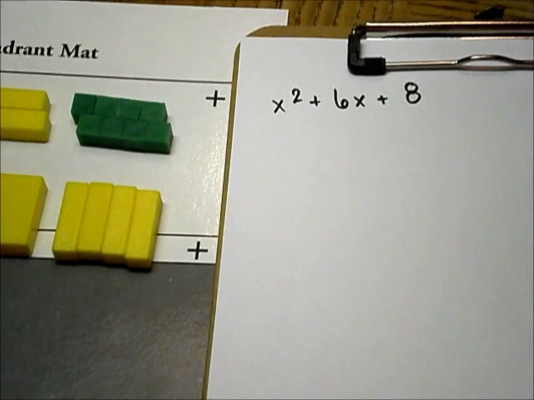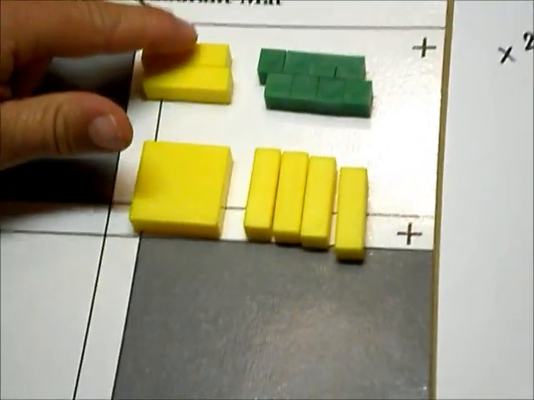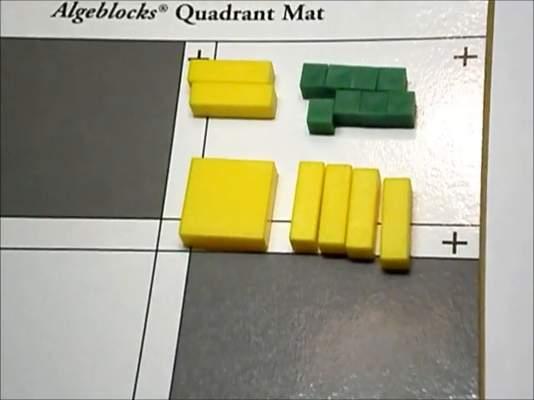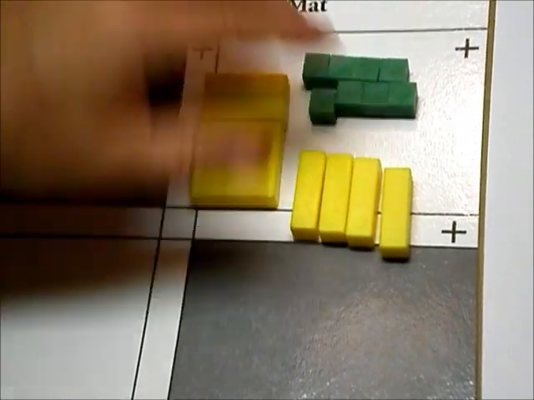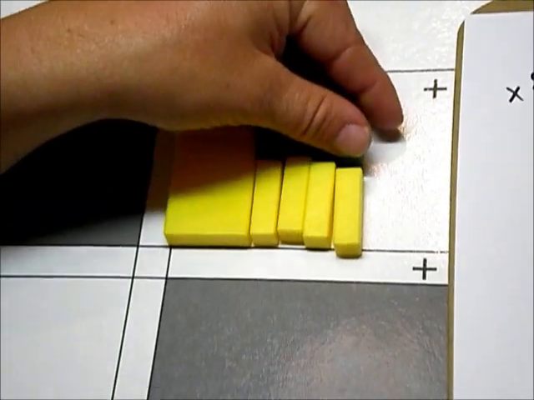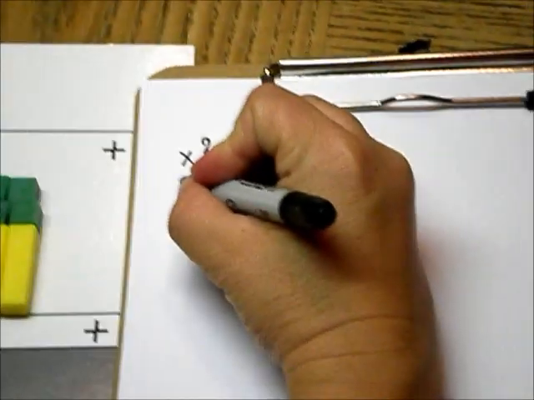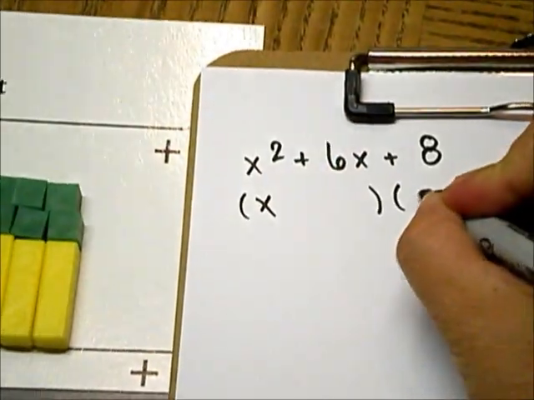Here is the Algeblock model for x squared plus 6x plus 8. Again, we see the factors of 8, 2 and 4, add to equal 6, the middle term. Further investigation proves this is always true when the terms are positive. When we open two parentheses under the written form, we know that x will be in the front.